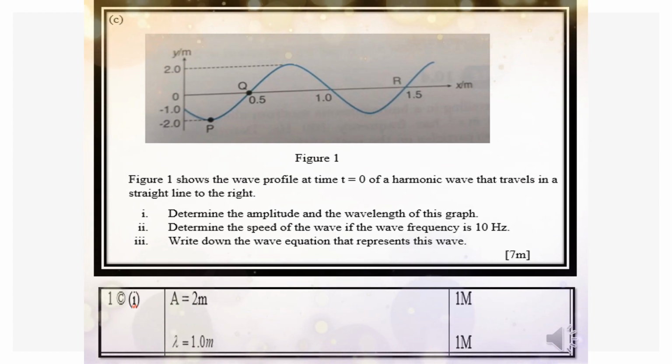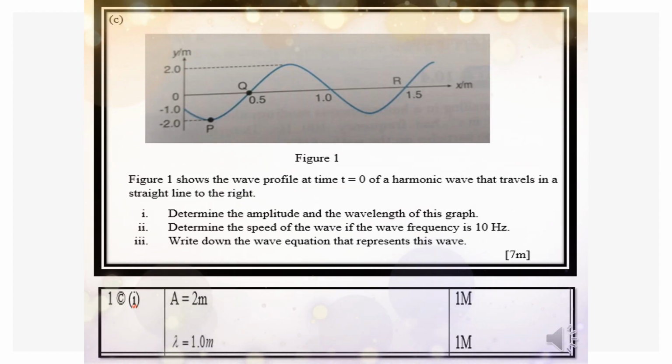We have y in meter, y is referred to displacement, and x distance also in meter. So the maximum displacement is 2, and maximum displacement in the opposite direction also 2. So for question 1, the question asks about amplitude.